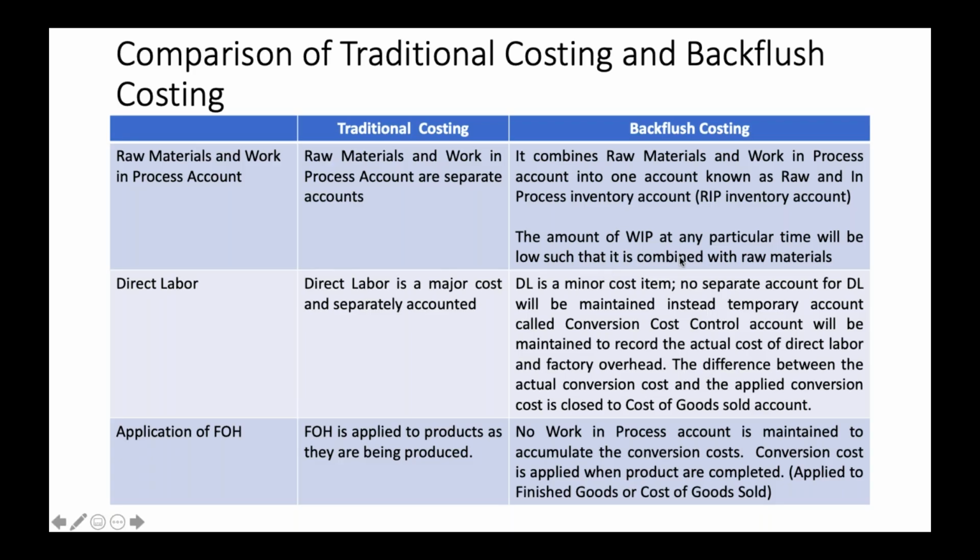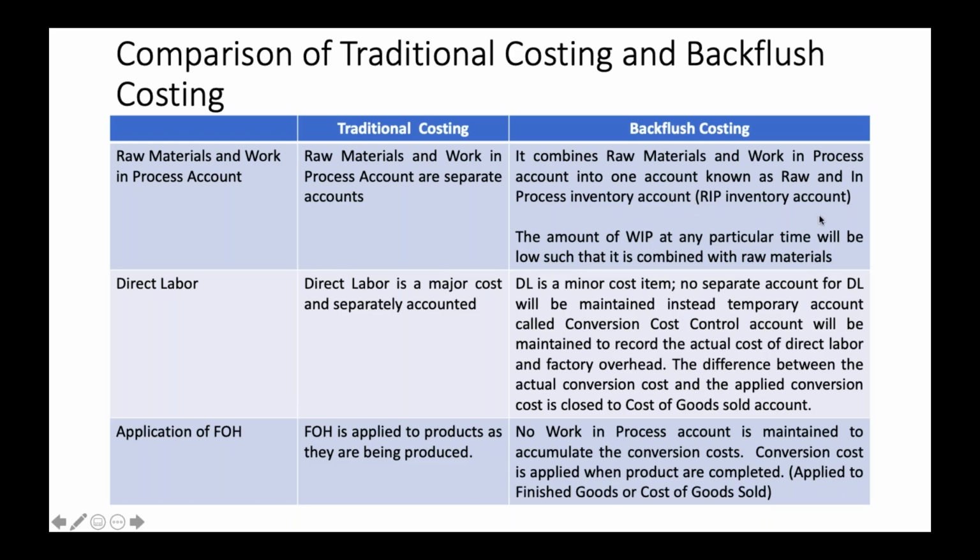The amount of work in process at any particular time will be low, such that it is combined with the raw materials. We will not be maintaining the work in process account in backflush costing. Instead, we will combine work in process and raw materials into one account, and we call it the RIP inventory account.